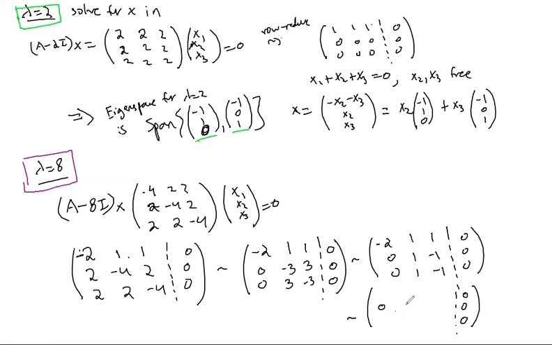So let me keep my second row the same. And then if I add the second row to the third row, I get 0. Or if I subtract it, I mean, they're the same. And then now I can do this. This is 1 minus 1 is 0. 1 minus a -1 is 2.